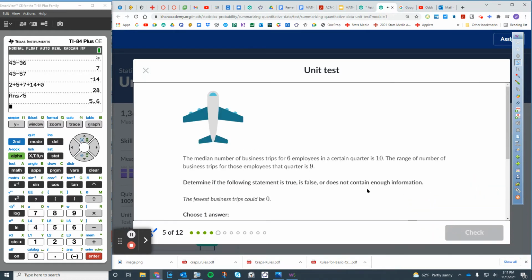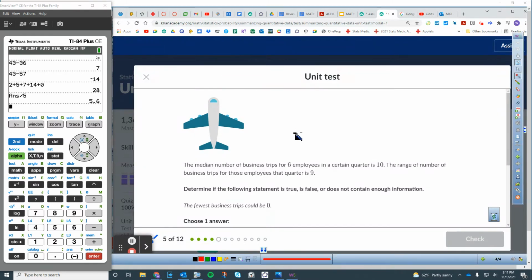Okay, next question. The median number of business trips for 6 employees in a certain quarter is 10. The range of the number of business trips for those employees that quarter is 9. So we have 6 employees, 1, 2, 3, 4, 5, and 6.